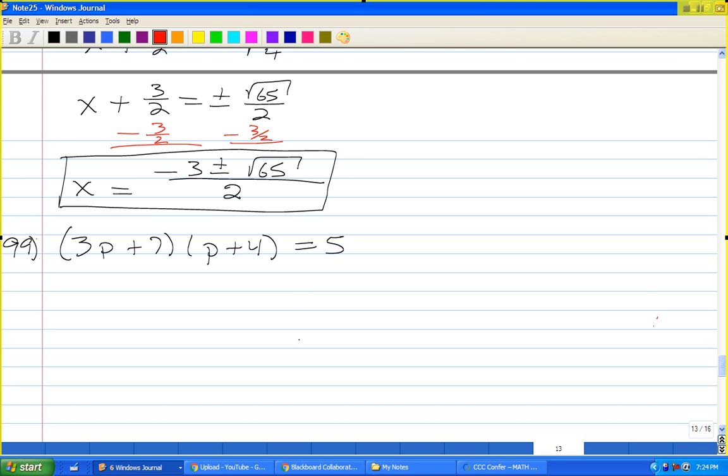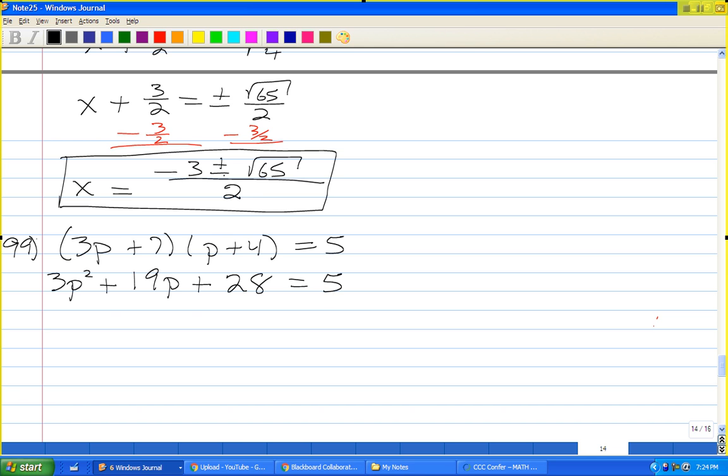Let me do problem 99 correctly. Okay, let's start over again from the beginning. 3p times p is 3p squared, plus 3p times 4 is 12p, plus 7p is 19p. 7 times 4 is 28.